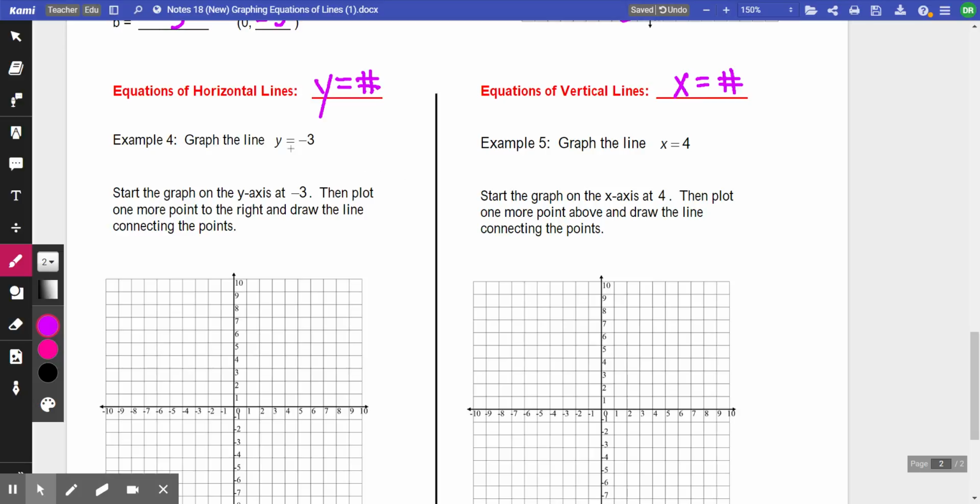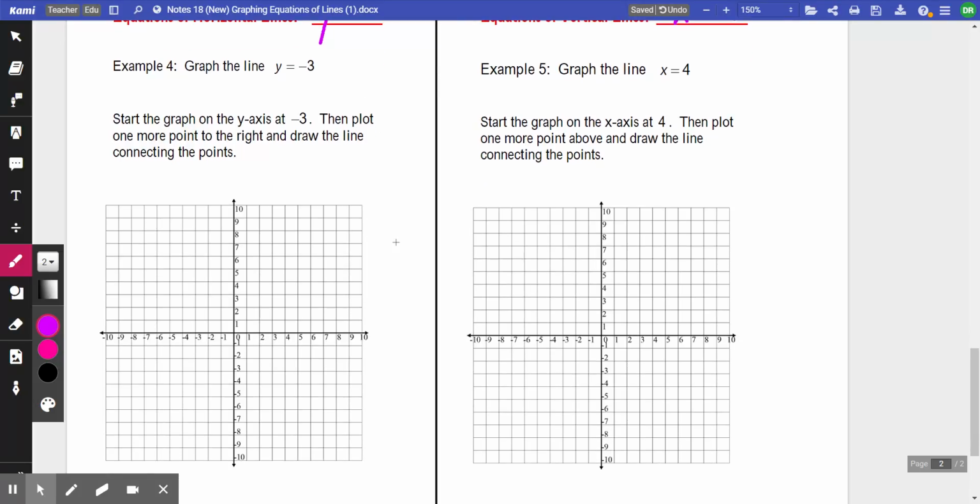So if we have the graph of the line y equals negative 3, we're going to start on the y-axis at negative 3. So negative 1, 2, 3, we're going to plot a point. And then we only move to the left and we move only to the right. It only goes through the y-axis. So then we would draw a line that is a horizontal line.